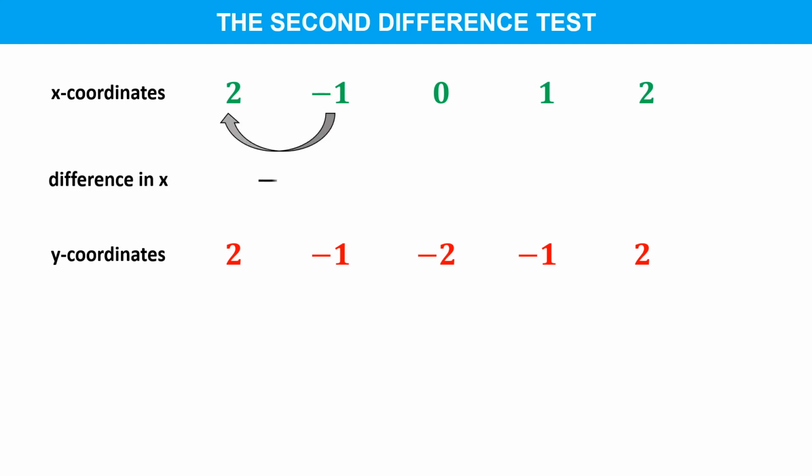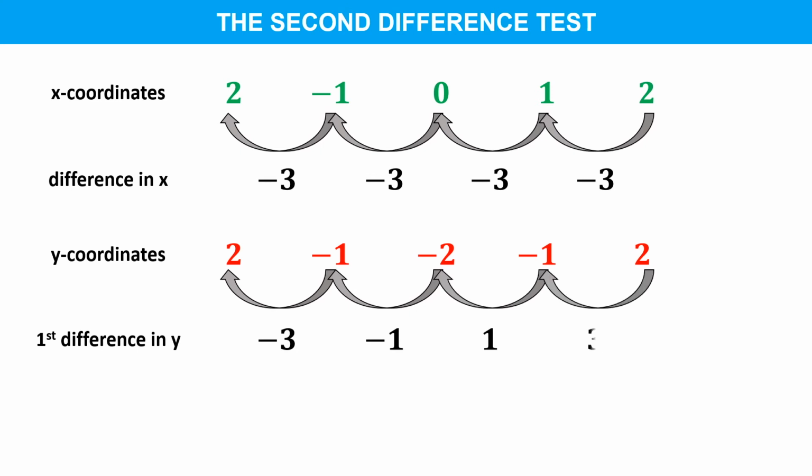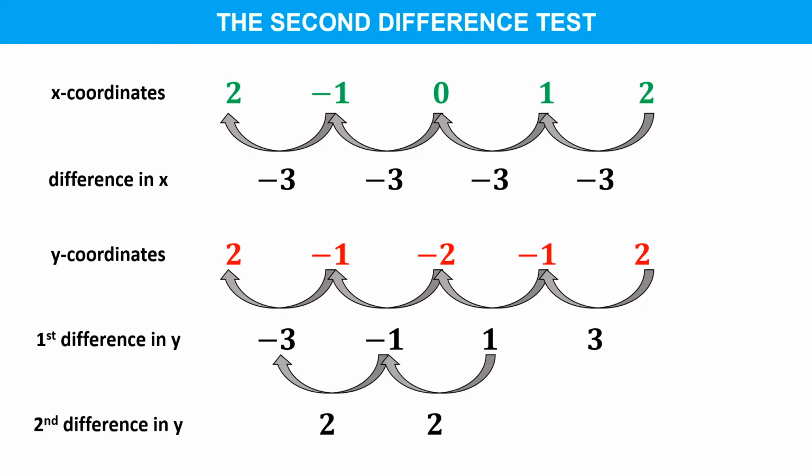The difference between any two consecutive x coordinates is -3. The corresponding difference in x does not produce equal first difference in y, but the second differences in y are all equal to 2.